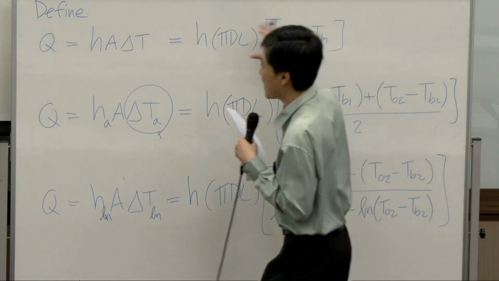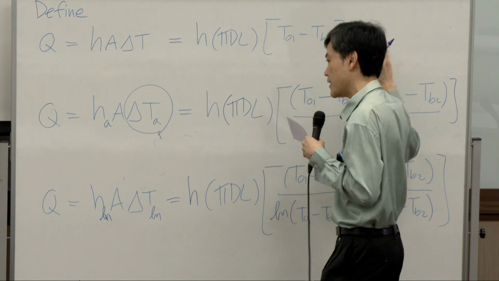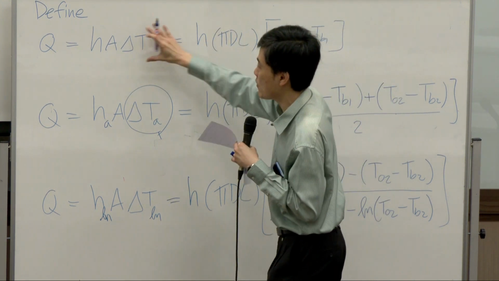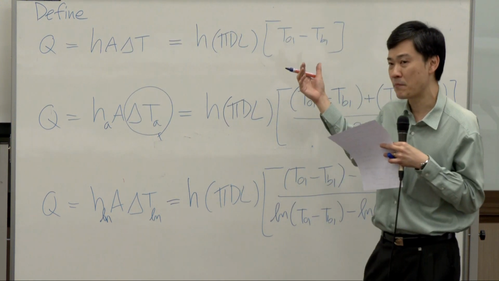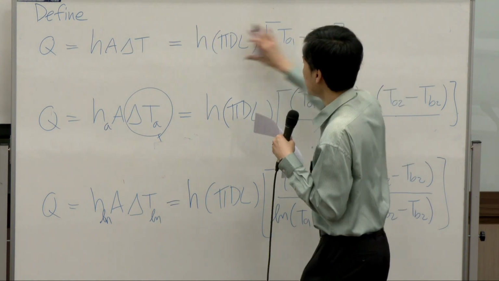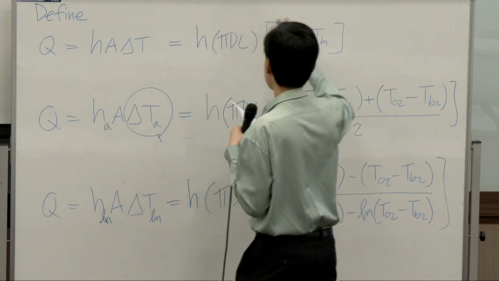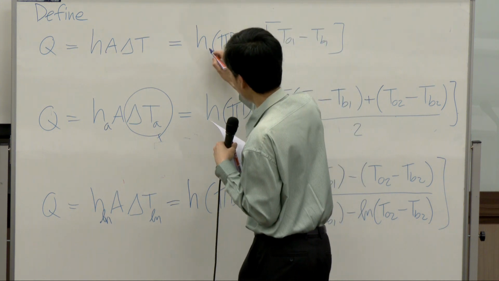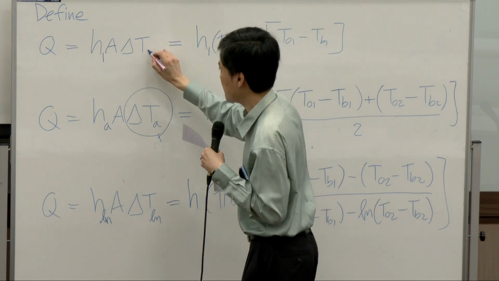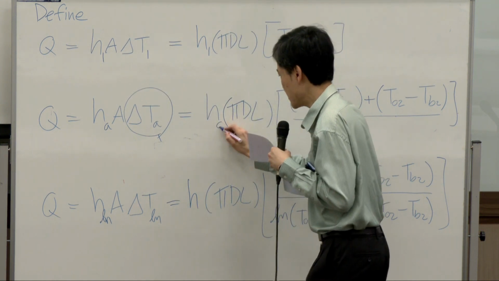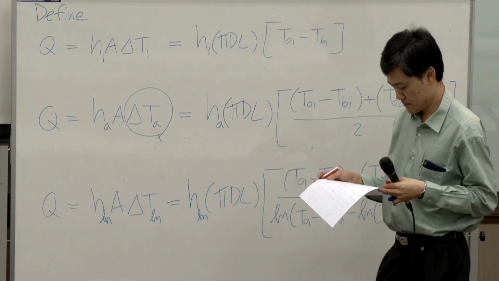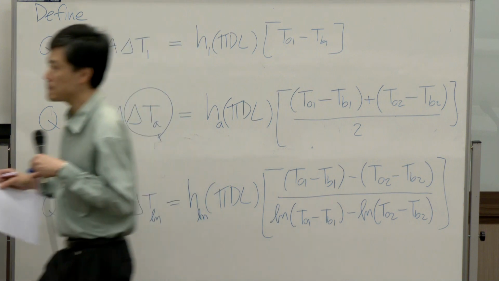You have to realize this is the simplest way to do it, even though it would be the worst option. But I'm going to keep this one because it is easier to do the calculation, and I will show you later on. If you use this case, this is called inlet. The heat transfer coefficient will be H1, calculated at the inlet only, and delta T will be called delta T1. This is HA, this is H log mean.